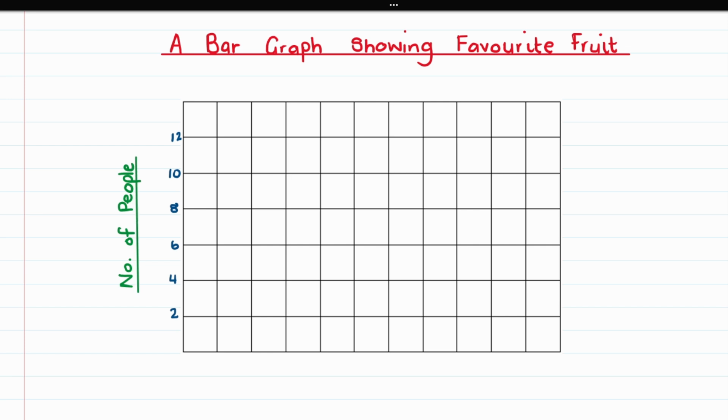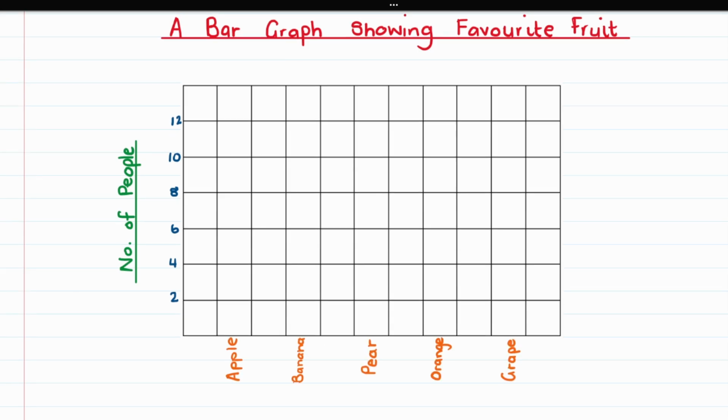Next, we are going to label our x-axis, and this is where we would put words for a bar graph. I'm not going to be able to fit in the words apple and banana and pear without the one word running into the next, so I'm also going to write these words sideways. I'm going to label my x-axis with favorite fruit. The next thing we're going to do is plot our points, but I'm going to start with pencil first to make sure I can rub it out if I make any mistakes.